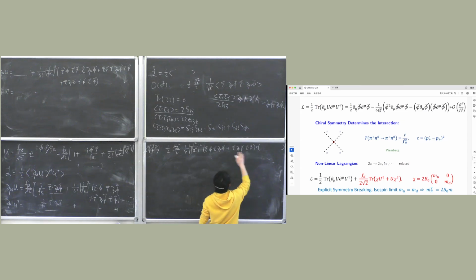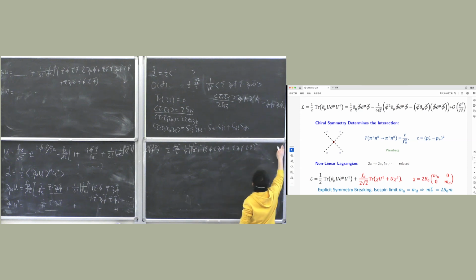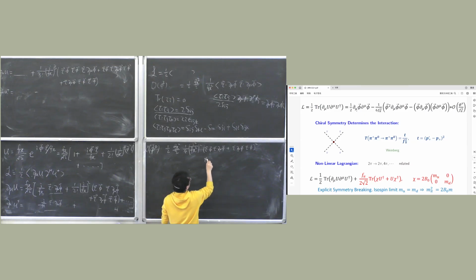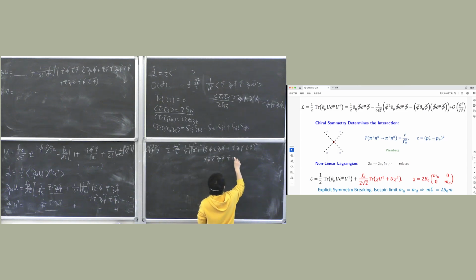Because we can just add a square here. And we expand it, it's tau dot phi. We should have 4 terms, but it can be divided into two components. One is phi and again itself.